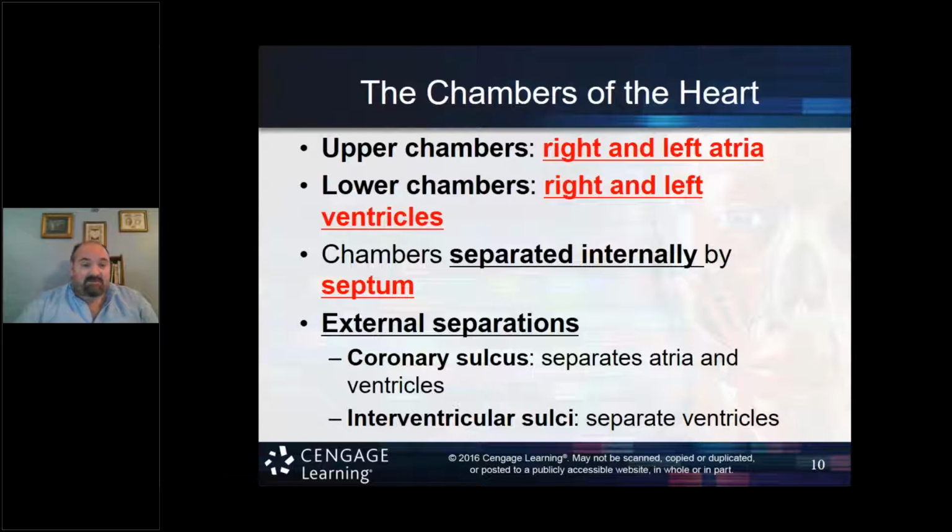As far as that septum is concerned, recall that I mentioned to you that as far as the atria are concerned, the fossa ovalis is a leftover from fetal circulation where there was actually an opening. It was called the foramen ovale. Foramen ovale is the opening between the right and left atrium.